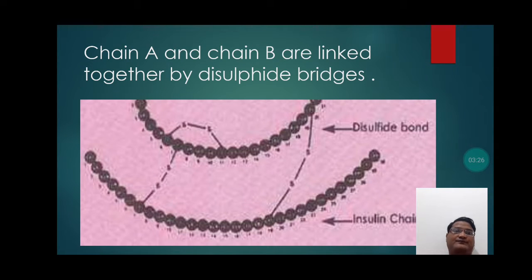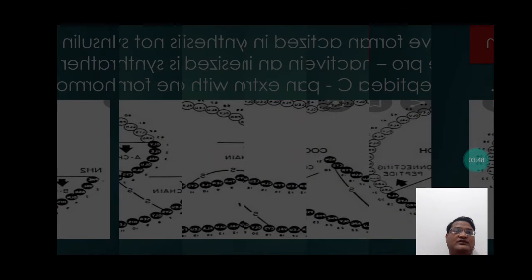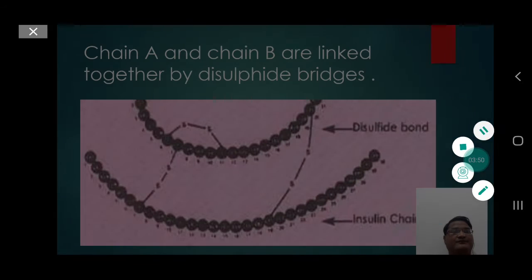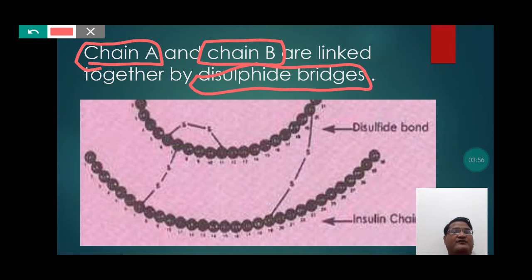Chain A and chain B are linked together by disulfide bridges. So students, chain A and chain B generally remain connected by disulfide bridges.